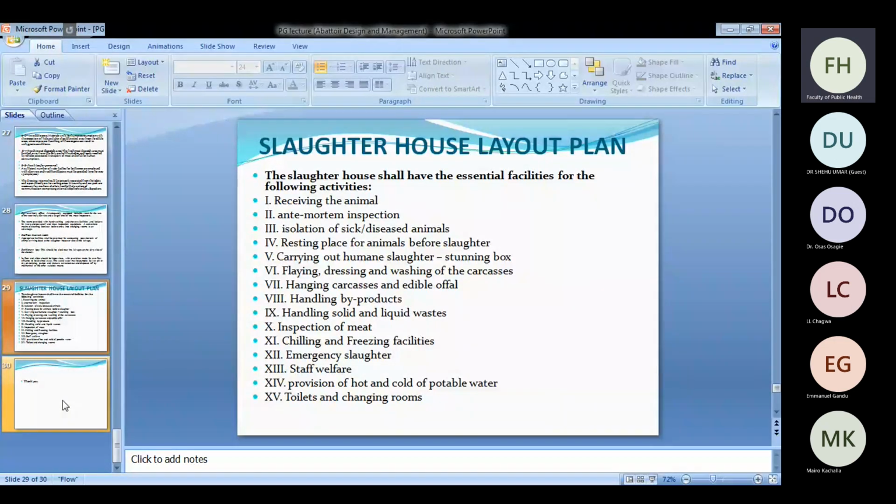Those working in abattoir are not supposed to be defecating openly. Toilet should be provided, and soaps and washing basins should be provided. Running water should be provided for adequate washing of hands, to prevent contamination.